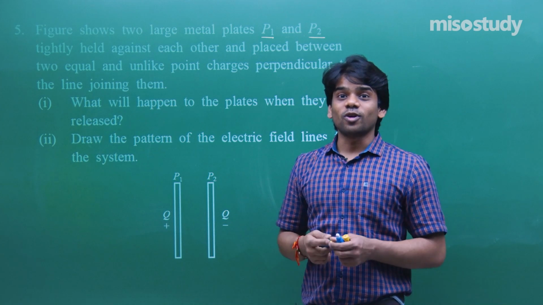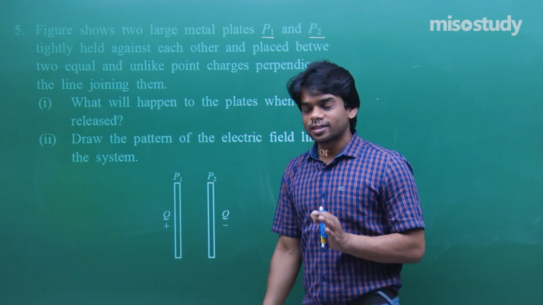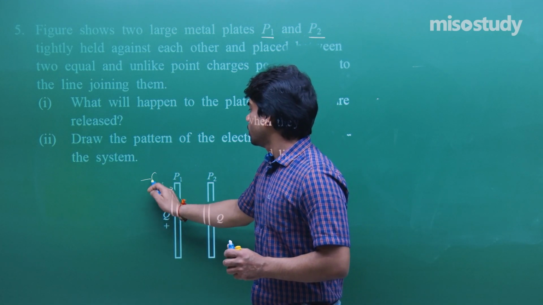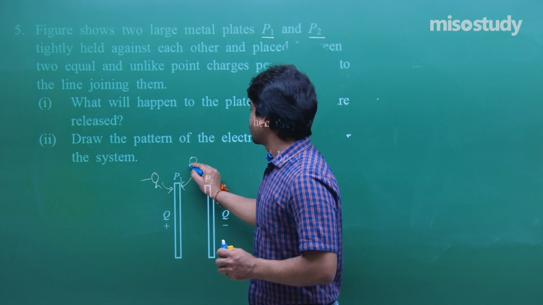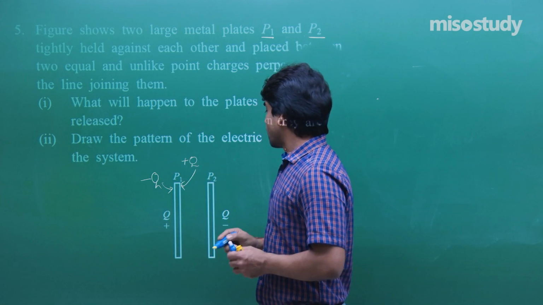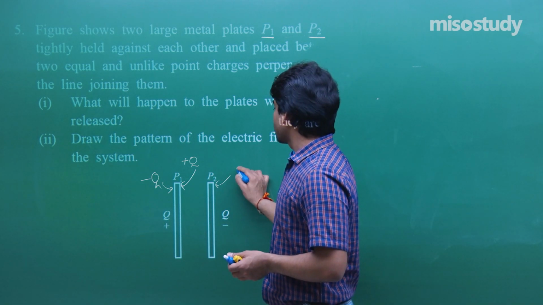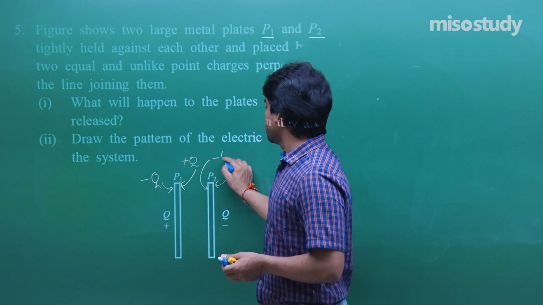So try to understand what are the charges that will be induced on each of the surface. Plus q is here, minus q charge will be induced over here, plus q charge will be induced over here. And now you see about this plate, minus q charge is here, plus q charge will be induced over here, and minus q charge will be induced over here.